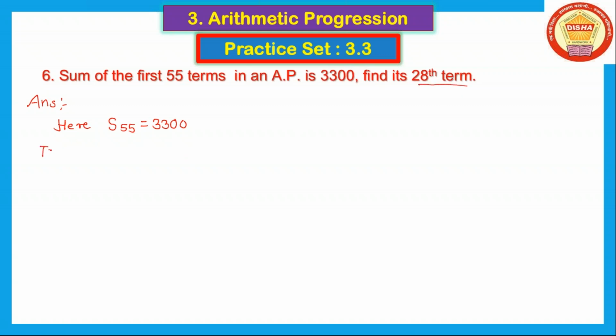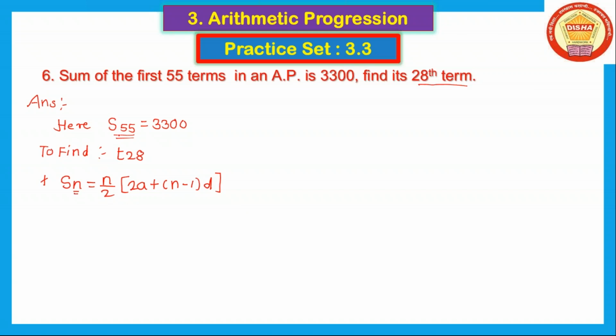Means what to find? That here we have to find T28. Means from given part we start now. Sn is given, so here we use the formula of Sn is equal to n upon 2 in bracket 2a plus n minus 1 into d bracket complete.